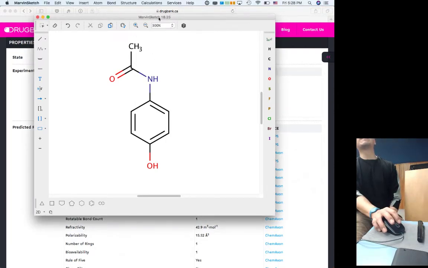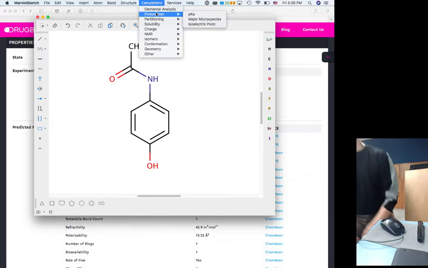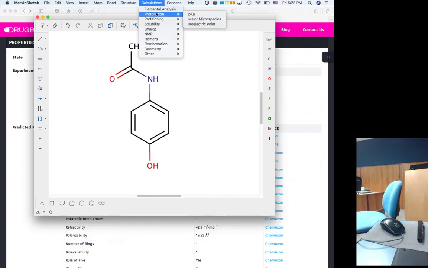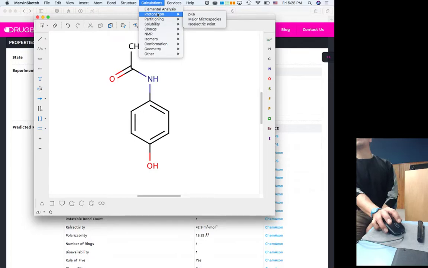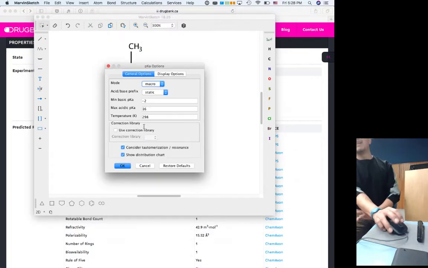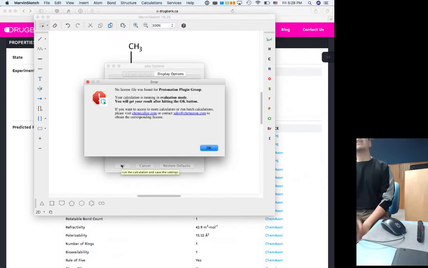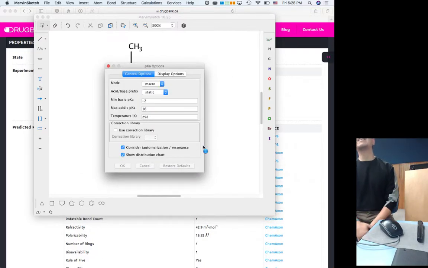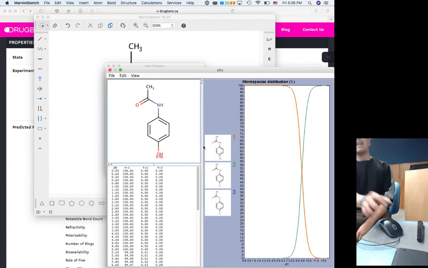Another value that we can calculate here, as you already saw, or likely saw, is the protonation, the pKa. If we didn't know it, if it was not available, with this molecule on the screen, we can select pKa, and following the same default as presented by the computer, you can click on OK, skip the license, and we should get a graph like this one.